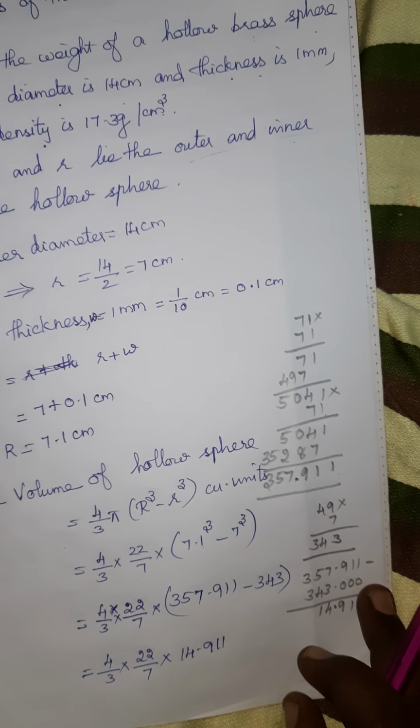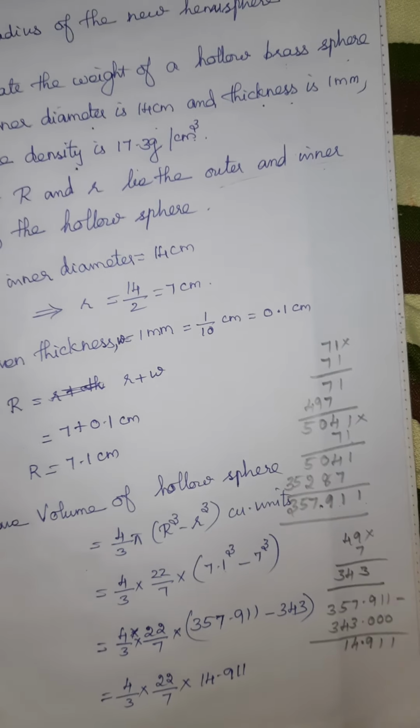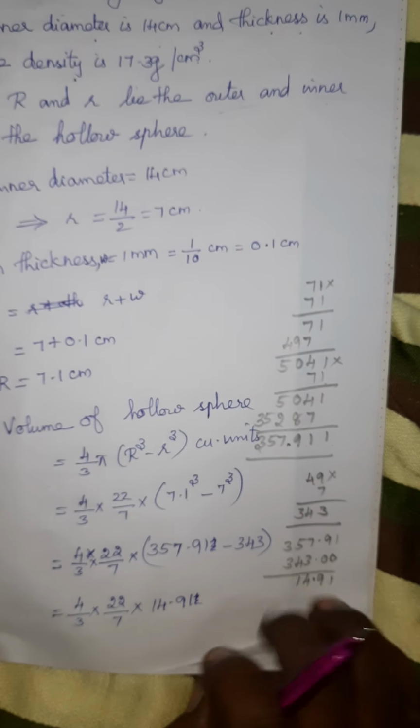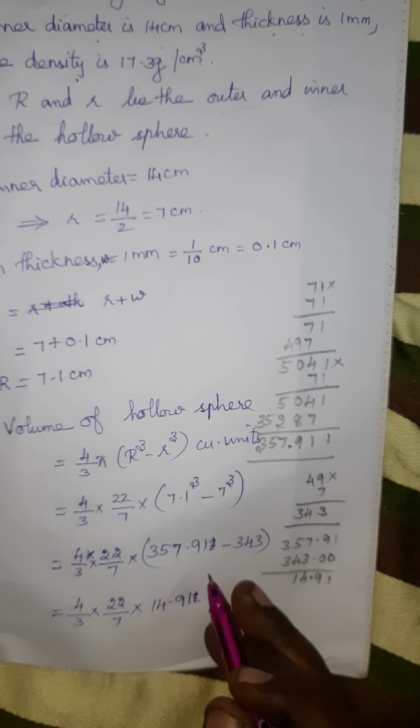Then we can relate this value with the density. When you do the calculation, take a maximum of only 2 digits in the decimal part.